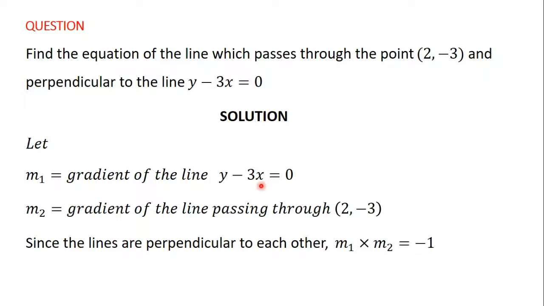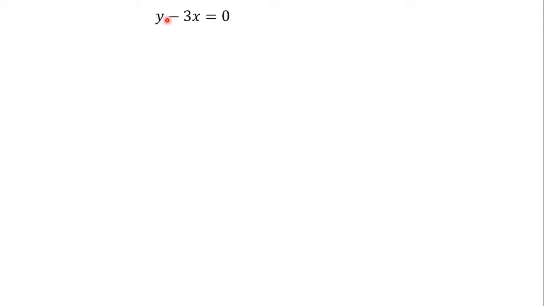Let's find m1. The equation of the line is y minus 3x is equal to 0. We want to find the gradient of this line. We know that in order to do that, we will have to compare it with the general equation of a straight line, which is of the form y is equal to mx plus c. So we will first have to express this equation in this form.